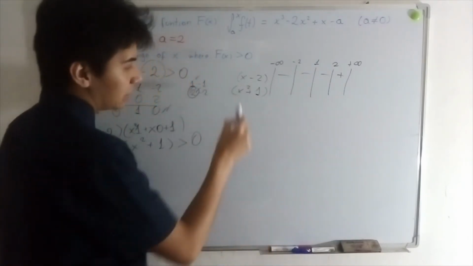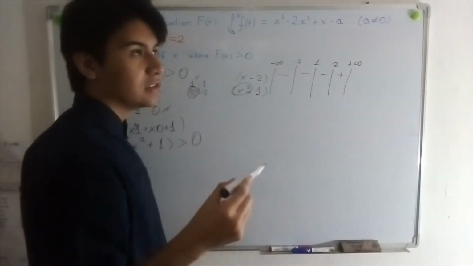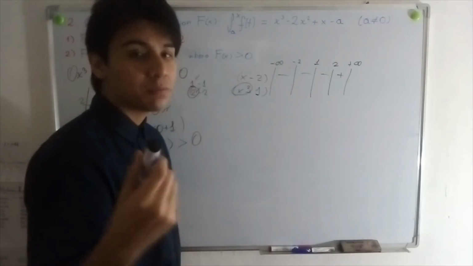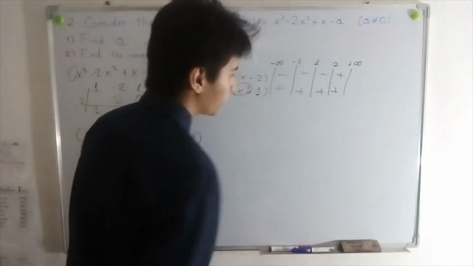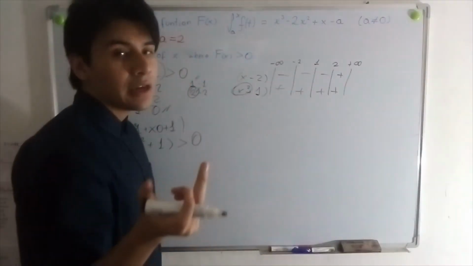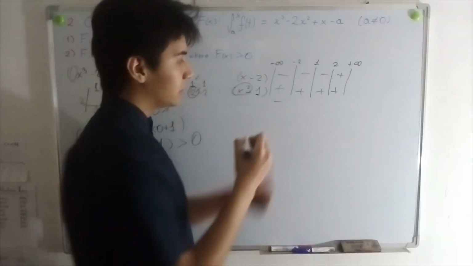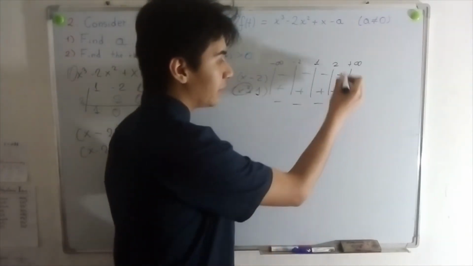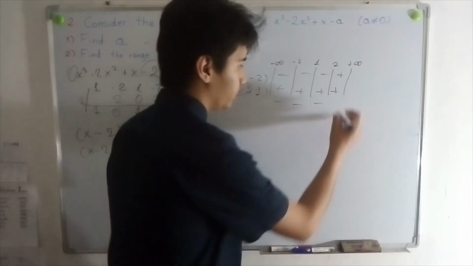No, because that is the square. The square is always positive. Negative times positive is negative, negative times positive is negative, and positive times positive is positive.